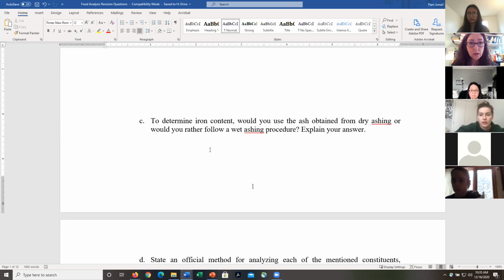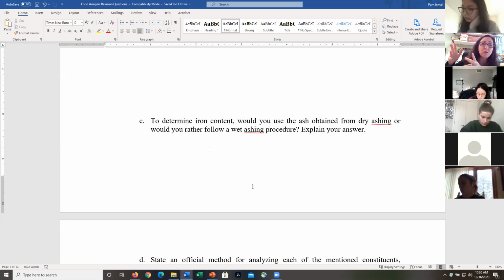Wet ashing, yes. Remember, iron is one of the minerals that are volatile, right? And if you want to determine iron for the label, you have to be as accurate as possible. You cannot afford losing iron by volatilization during ashing. You need the dry ash value so that you can get total carbohydrate. You have to have the dry ash value.